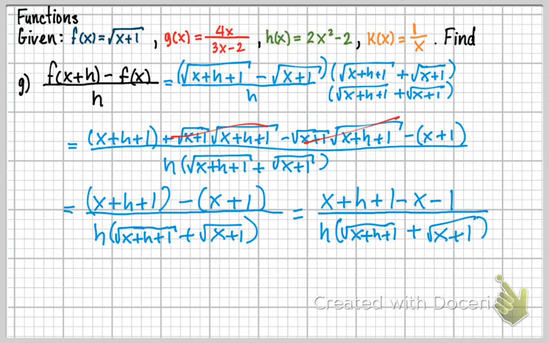Okay, now notice what happens next. I get these x's, positive, negative x, 0. Positive 1, negative 1, 0. So I'm left with, on the top, just an h. And then on the bottom, I still have this h, and this times square root of x plus h plus 1 plus square root of x plus 1.